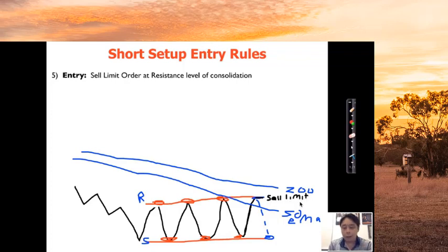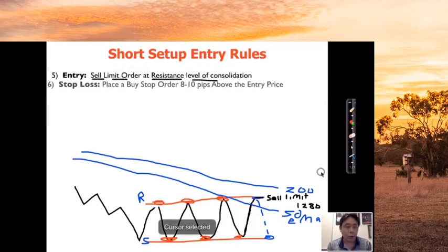For example, that could be 1280. The moment it reaches 1280, our order will get filled and we will sell at 1280, or higher. Now again, it may not always get filled. Sometimes you place your sell limit order there, the price never reaches, comes back down, and you just cancel your order. So you may not always get it filled. That's where we place our entry, a sell limit order at the resistance level.